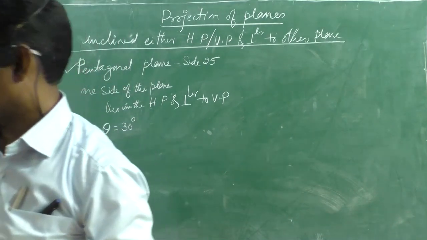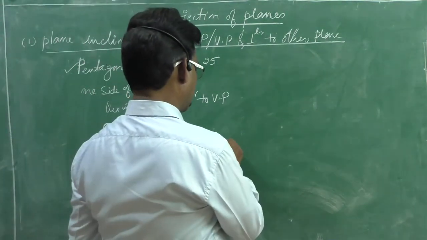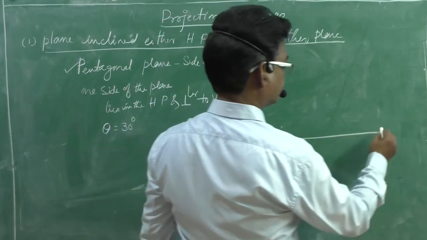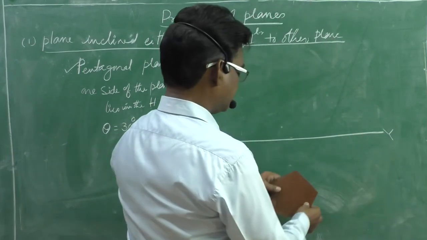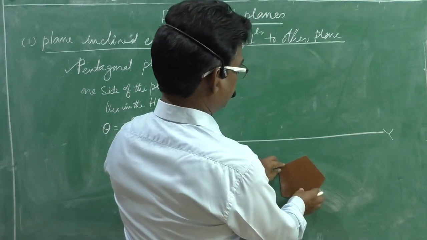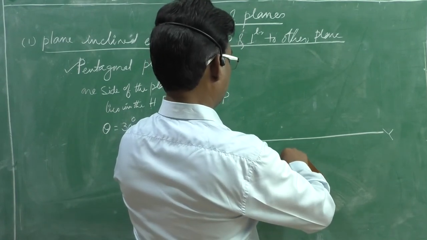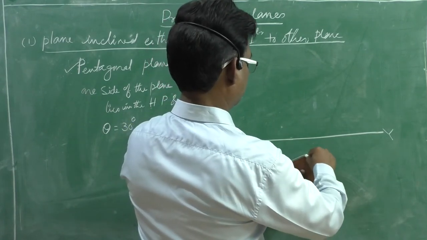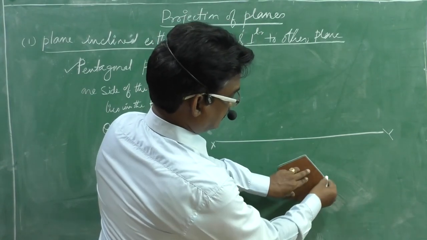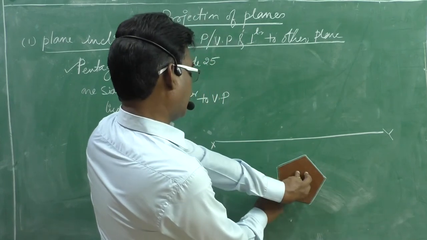Now we will draw. See, draw the reference line XY, and this is the position, and the side we need to consider is 25 mm. I will draw the line directly. With side 25 mm you need to draw.